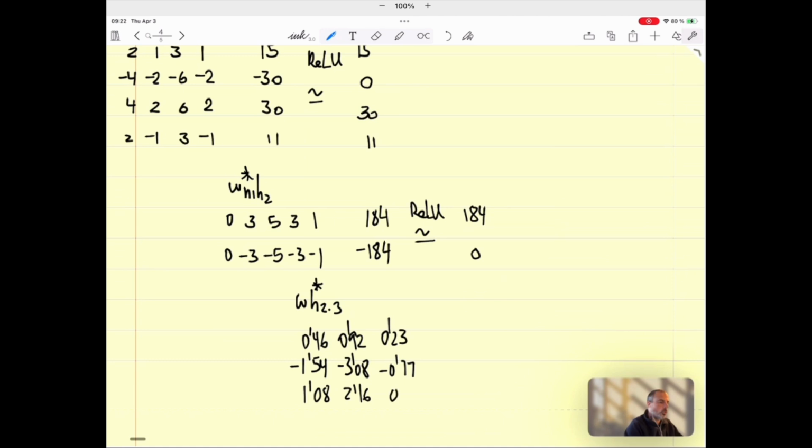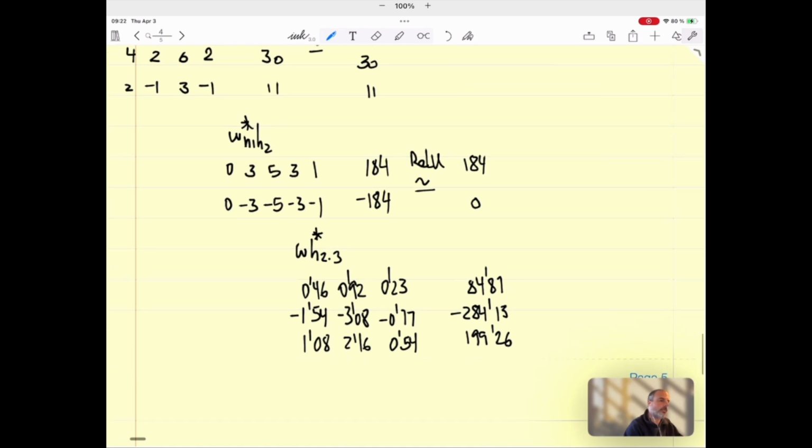We multiply feed forward, and that should be 84, 87, minus 284.13 and 199.26. So we do that. We apply our softmax, and what we get is 0.15, 0.5, 0.35.